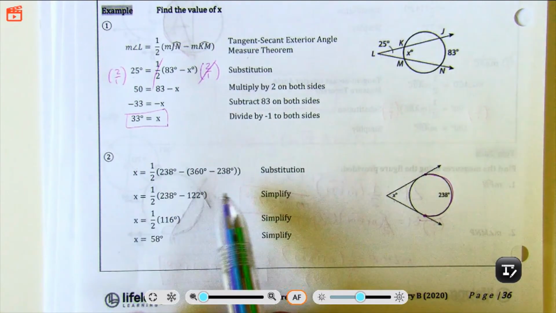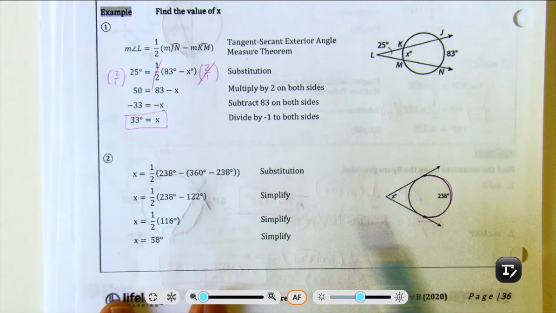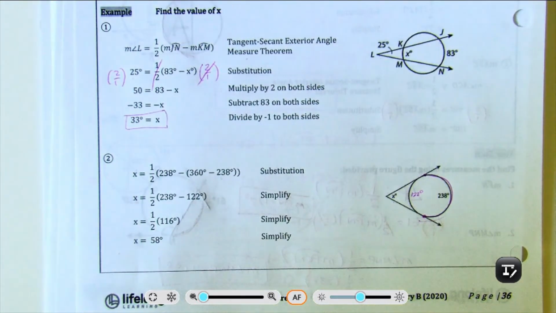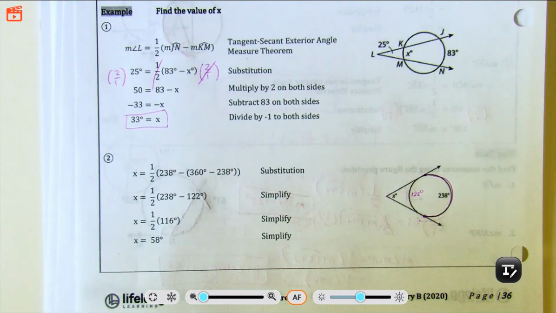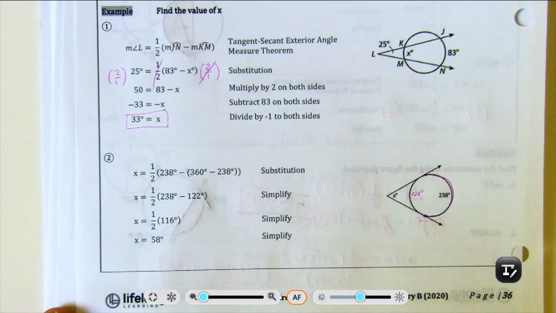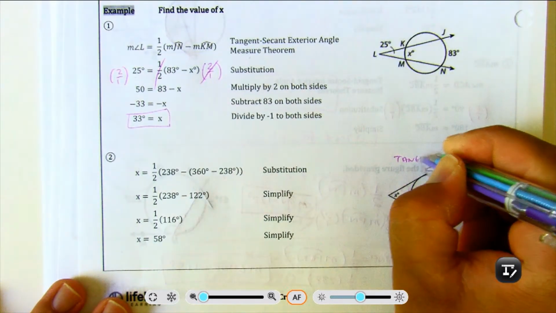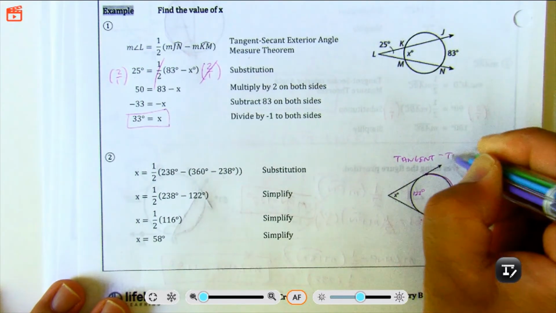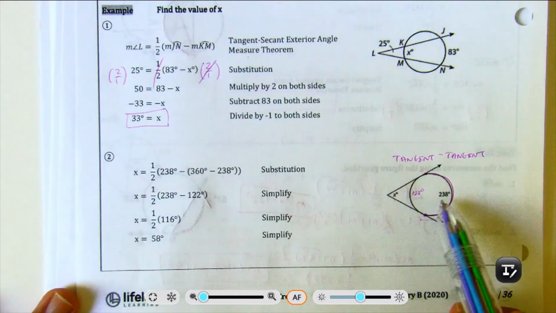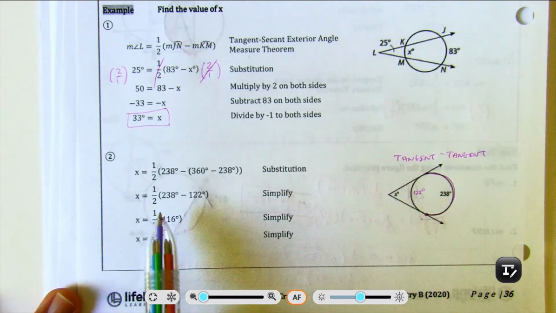That's because this piece is 122 degrees. So this only works for tangent-tangent examples. Okay, now that we have the major arc and the minor arc, we subtract these and take half. So 238 minus 122 is 116, and half of that is 58.